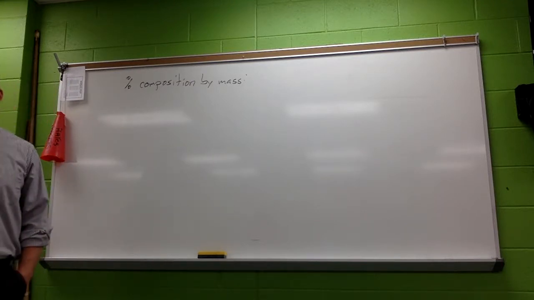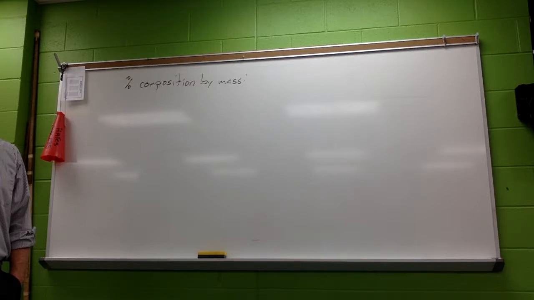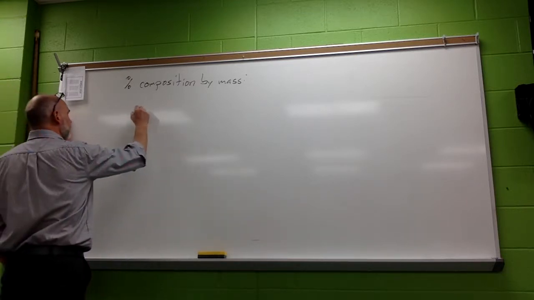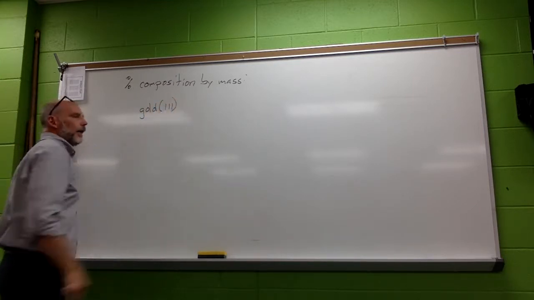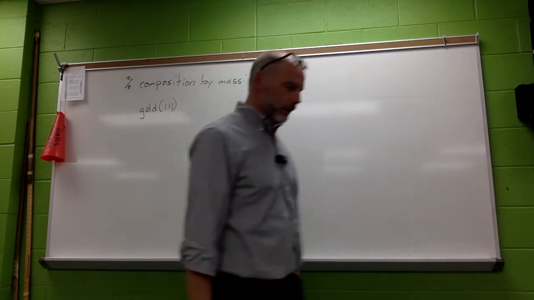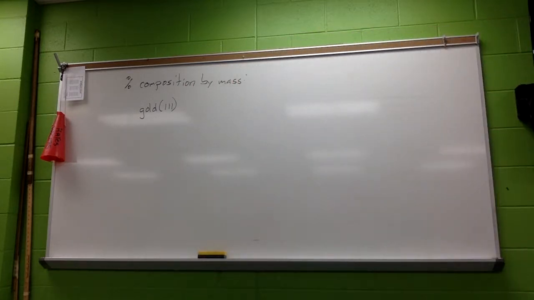So let's find the percent by mass of, Jason, give me a metal. And Chancellor, give me a non-metal. Oh gosh, you just got fired. Do you see why you just got fired?